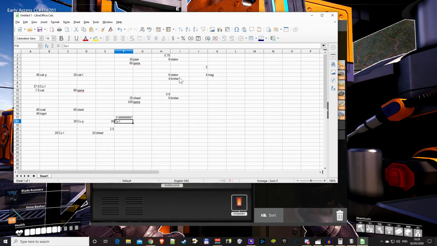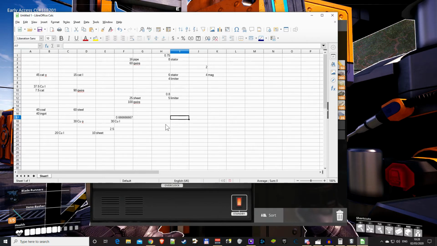So to find out how many of these basic things we need, like copper ingots or copper ore or whatever, you know, the ore is the starting one, so to produce how many is that?